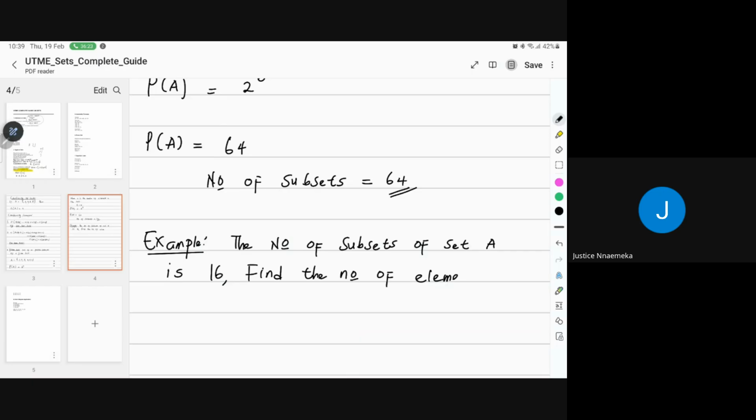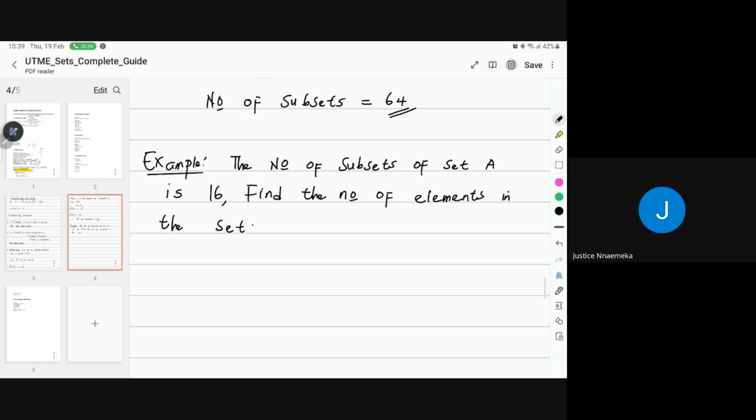Find the number of elements in the set. So what that implies is that they've given you your power set. Remember that power set is equal to what? 2 raised to the power n. So the number of subsets, which is 16, is equal to 2 to the power of n. You are looking for n, right?